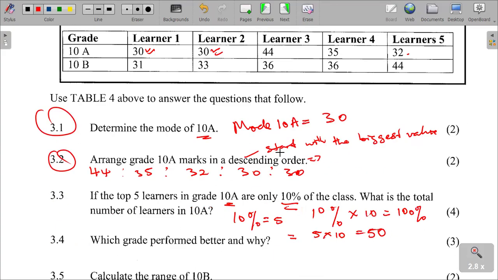So which grade performed better? In this case, it is grade 10B, because the highest learner is from 10B.